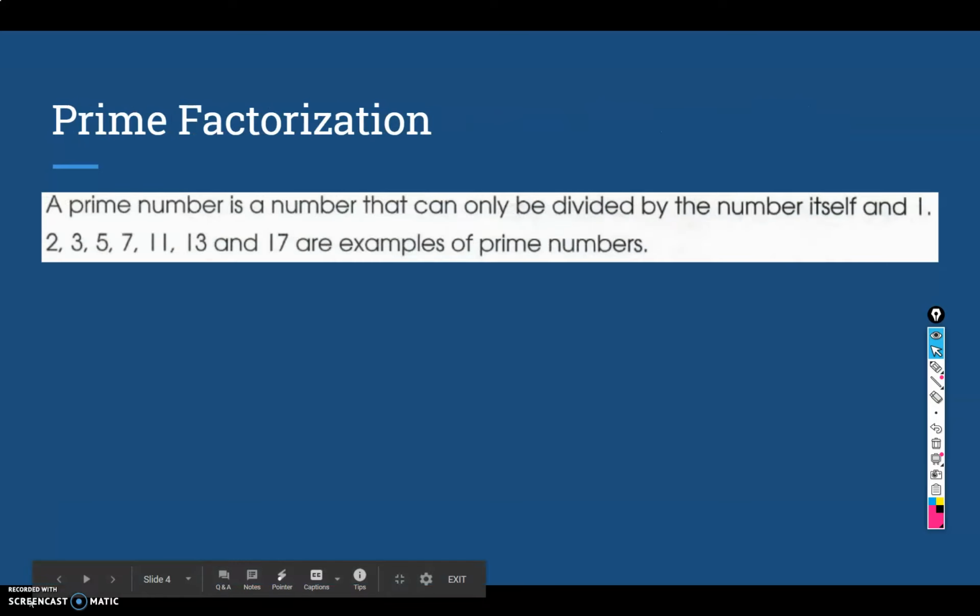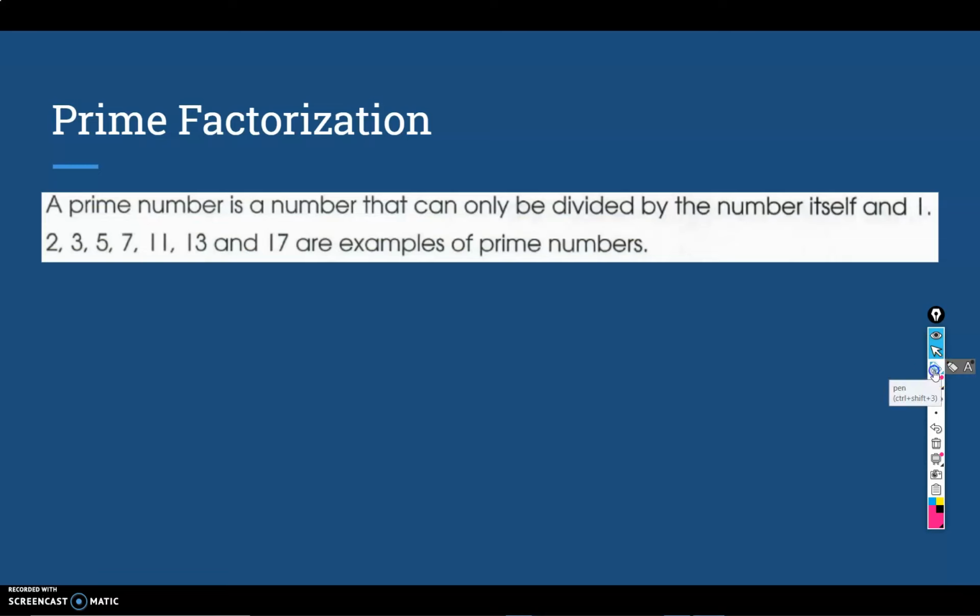Alright, so our next method is to know prime factorization. But before we can cover prime factorization, let's review what a prime number is. A prime number is a number that can only be divided by the number itself and 1. 2, 3, 5, 7, 11, 13, and 17 are some examples of prime numbers.